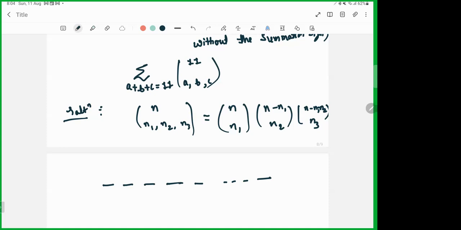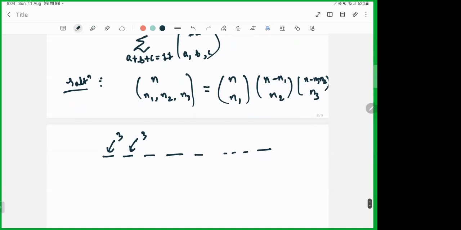So what are the total possible choices? We need A plus B plus C is 11, already given to us. So each slot has exactly three choices. So the value of this, 11 choose A comma B comma C, is basically 3 to the power 11.